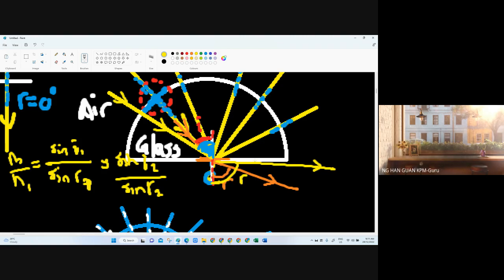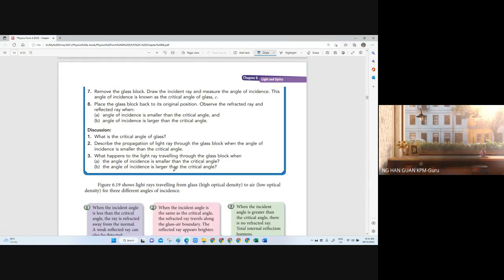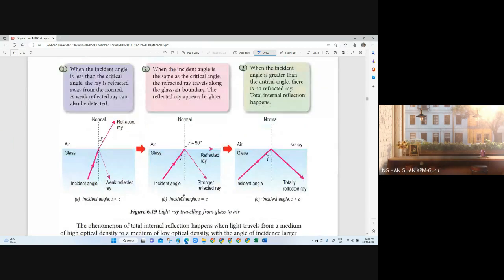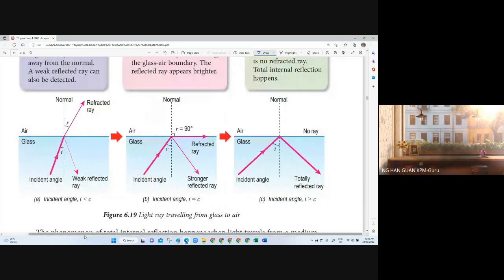When I increase, R will increase, until the moment R comes to the maximum. R maximum is the moment R equals 90 degrees, which is the maximum refracted angle, as given here.